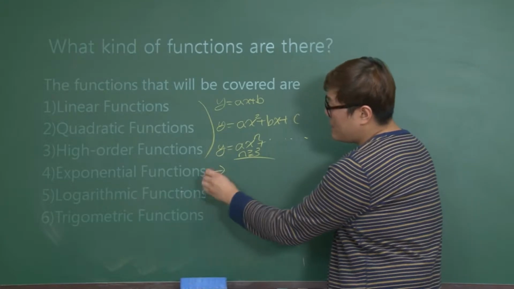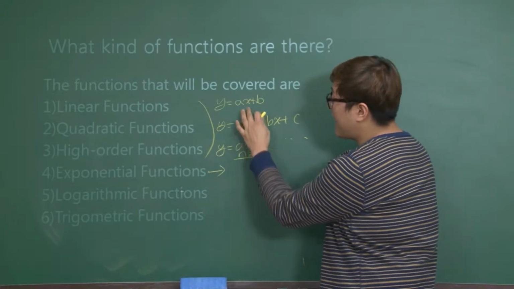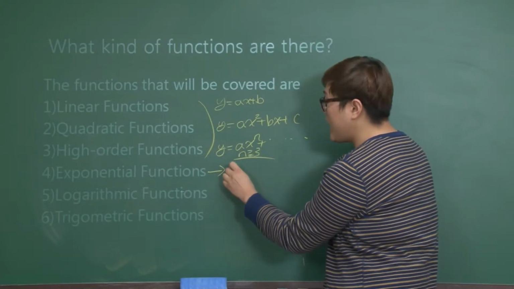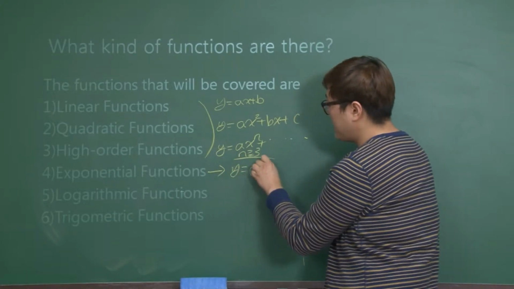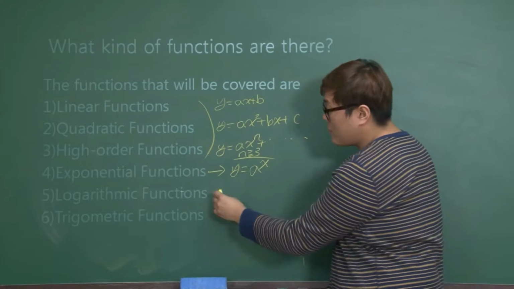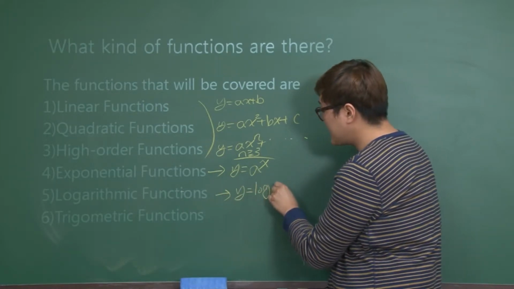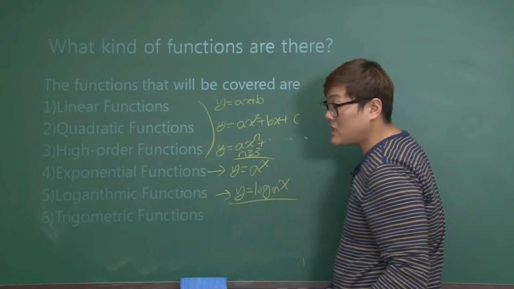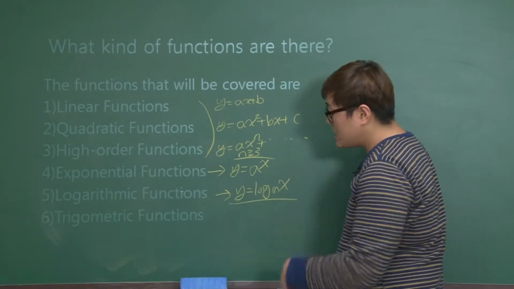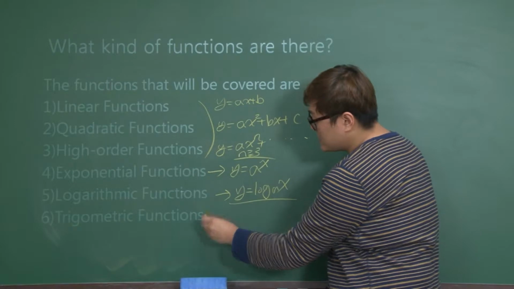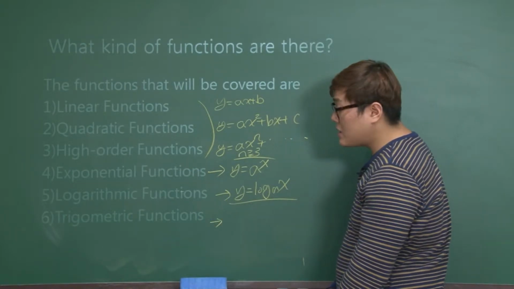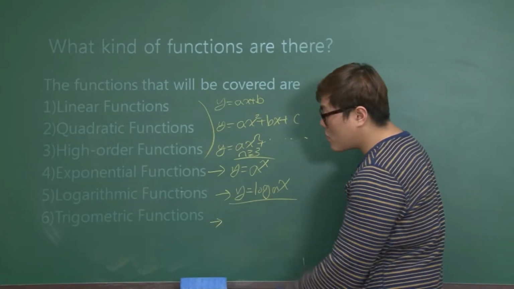And exponential function, where now x becomes the power instead of the base, like this. And logarithmic function, we're going to learn detail about it. This is actually the inverse function of the exponential function, so it looks like this. And trig functions, I'm pretty sure you learned about trigonometric properties before.